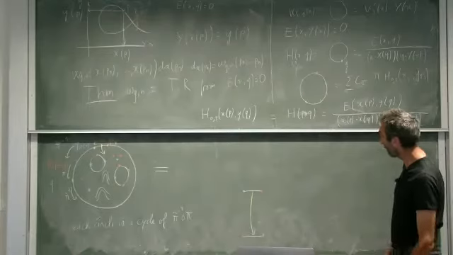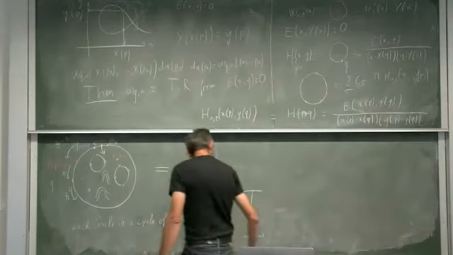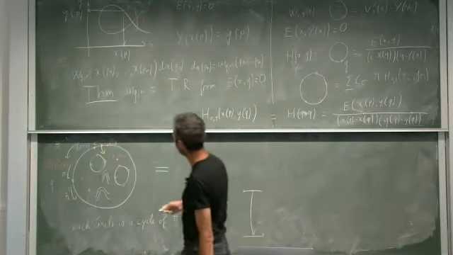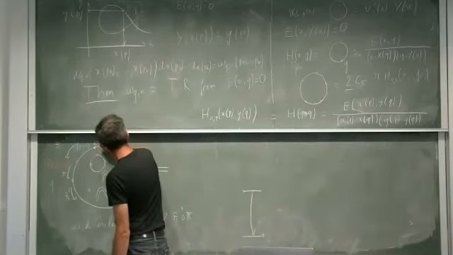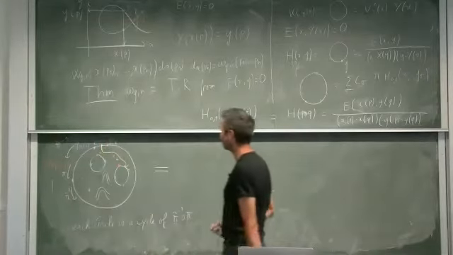So what are the different possibilities to cut? One possibility would be I start here, and I end up there.